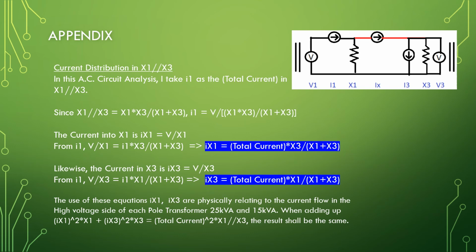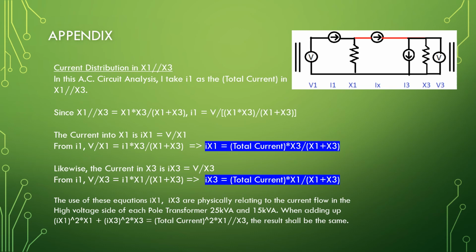From I1, V divided by X1 equals I1 times X3 divided by X1 plus X3, implying that Ix1 equals total current times X3 divided by X1 plus X3.